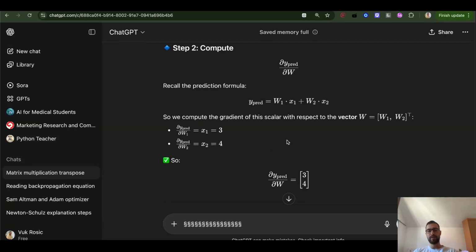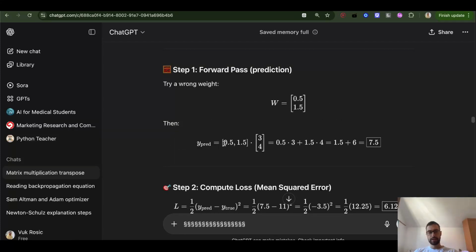And it seems to be very simple, and it makes sense. So how does this w1 change? Well, it just gets multiplied by 3, so its change is just times 3. So the derivative is 3. And w2 gets multiplied with 4, so the change is 4 times w2. So the derivative is 4.